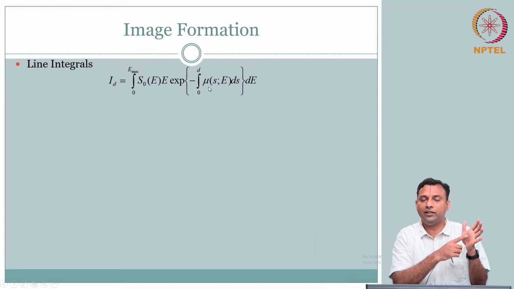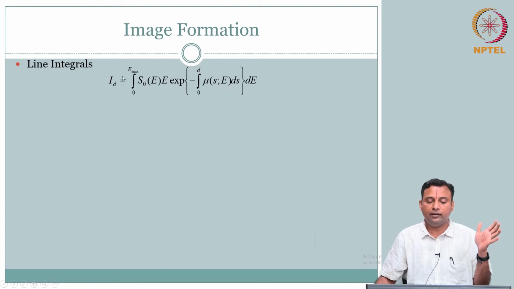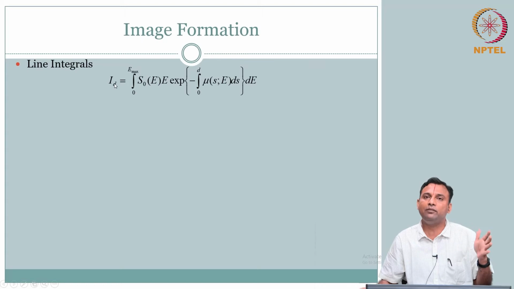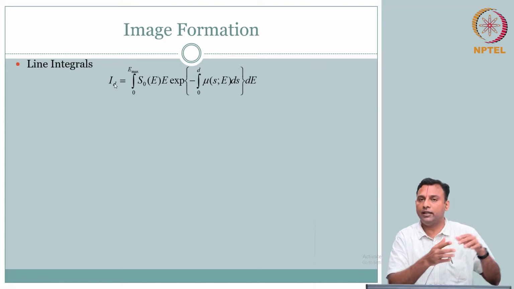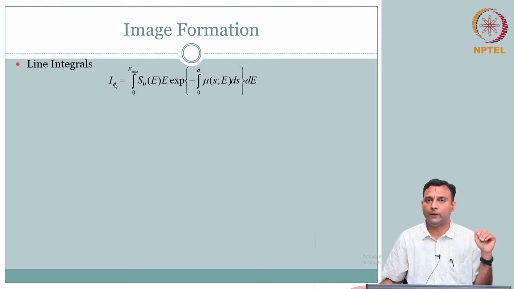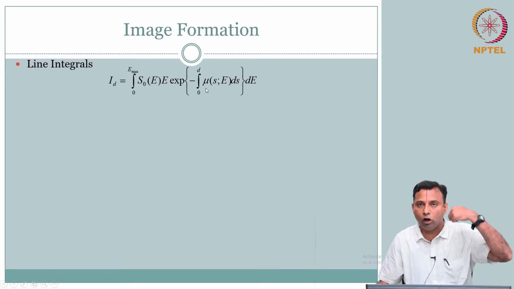But what you measured was this integral. You didn't really measure mu. This I_D got converted because of the photochemistry, the film, all those things, and you had an output optical density. Whereas our objective here in CT is to somehow measure this mu along S, along the path it came from.